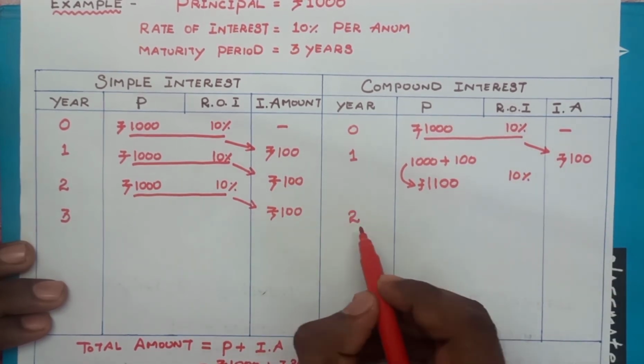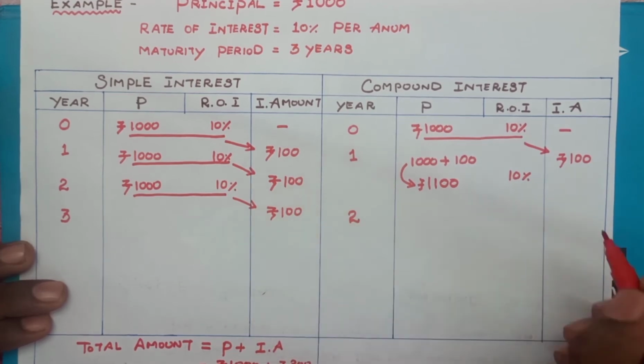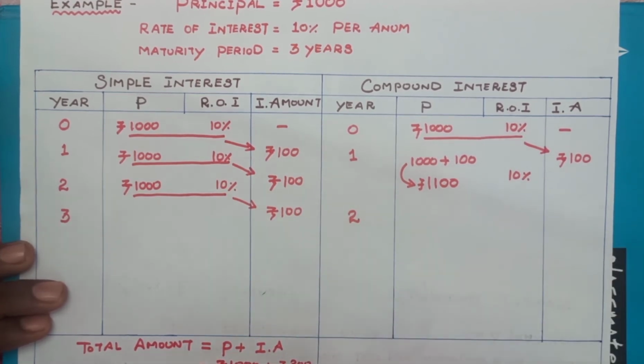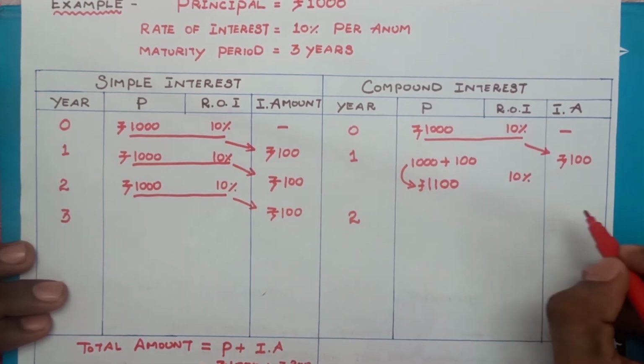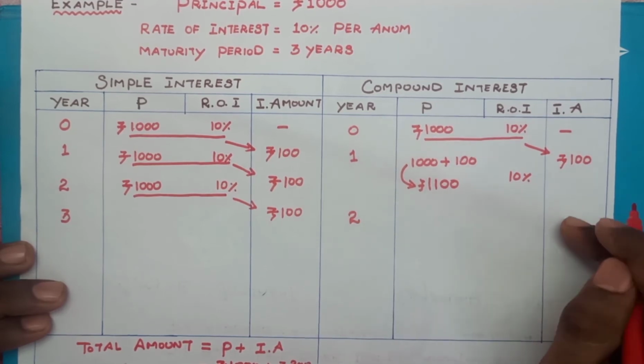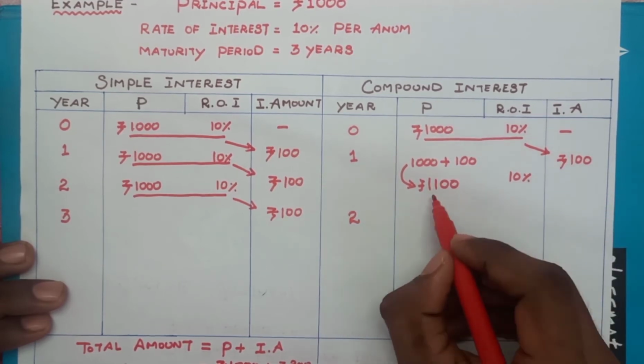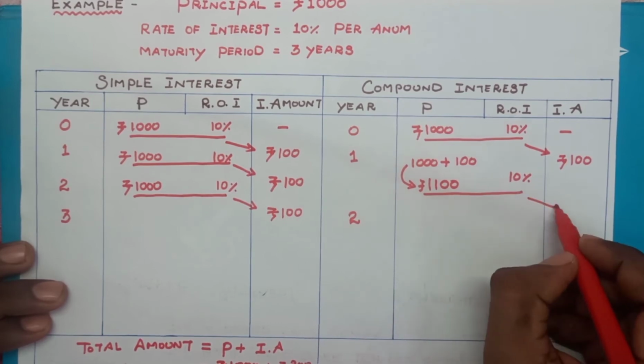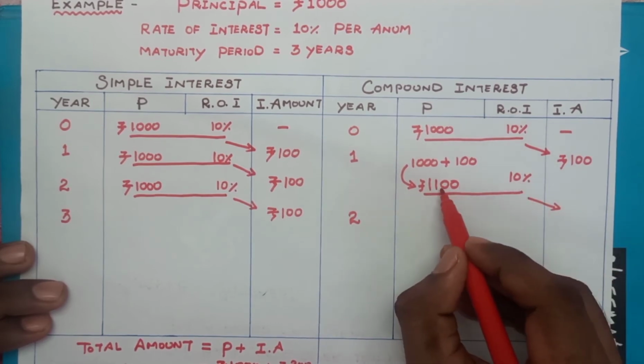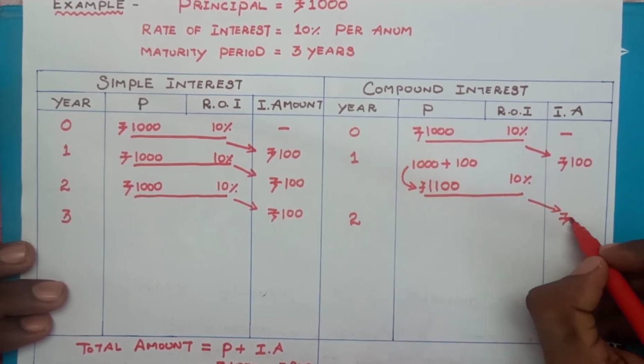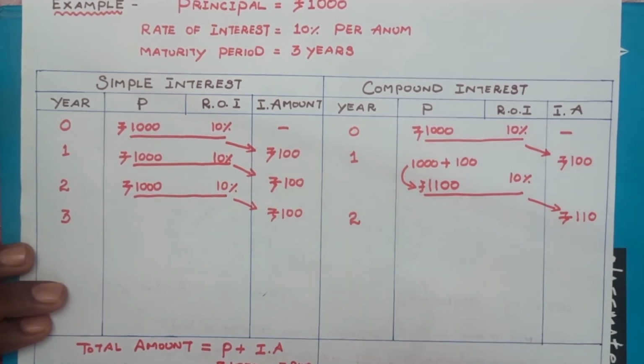Now we enter into 2 years. 2 years means the completion of 2 years. So what amount will you get after completion of 2 years? We calculate the interest amount after completion of 2 years based on the previous year principal. That is 10% of 1100. You will get 110 rupees, right?